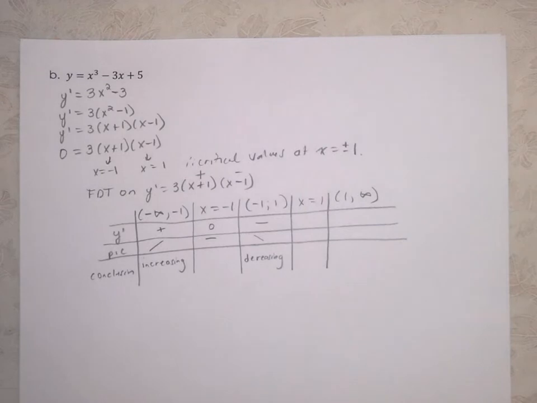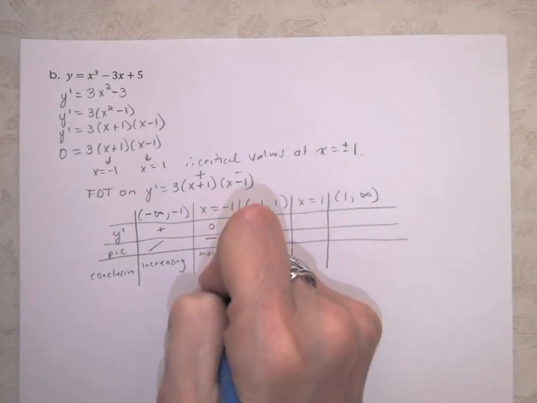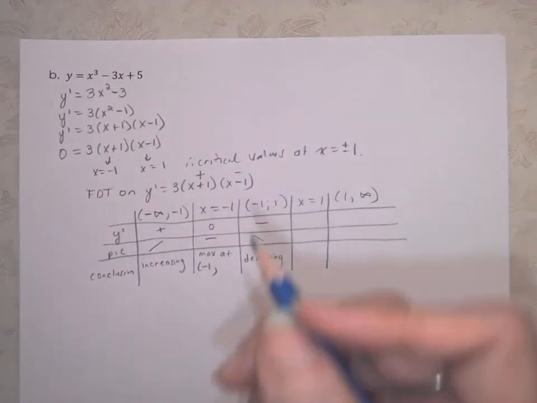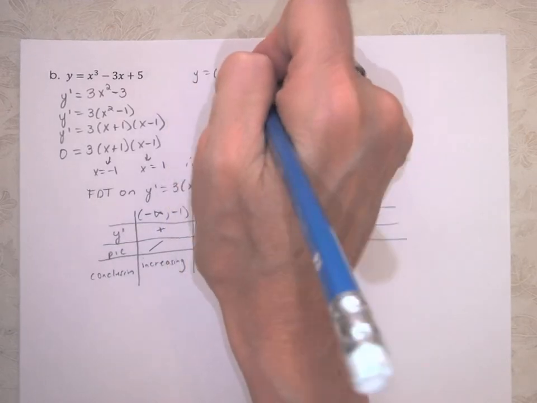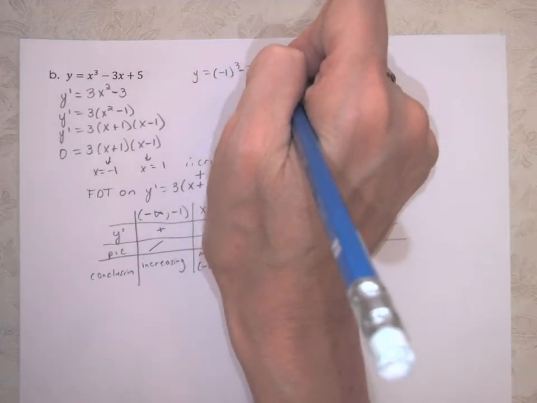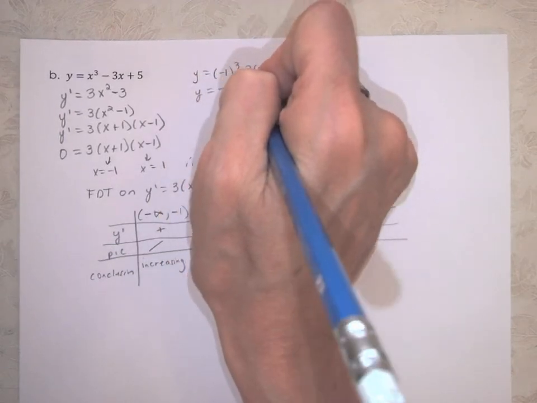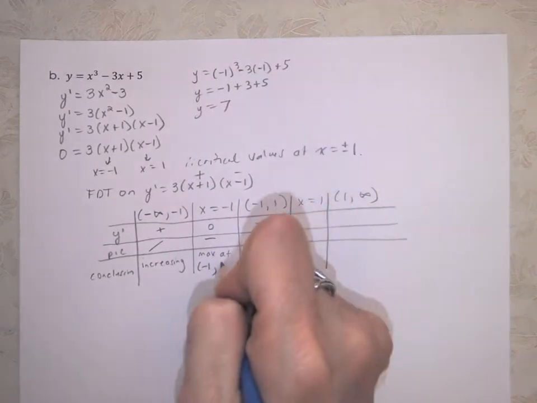which means I should have a max or local max at -1, and I can come up here and sub in. So it's going to give me -1 plus 3 plus 5, 7.